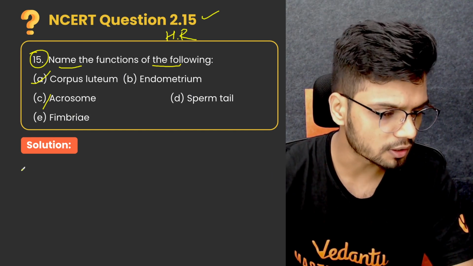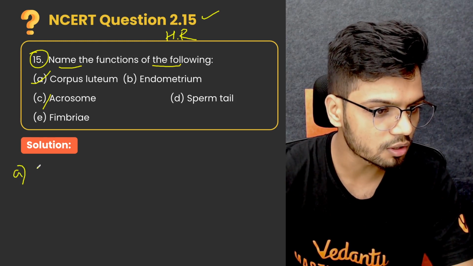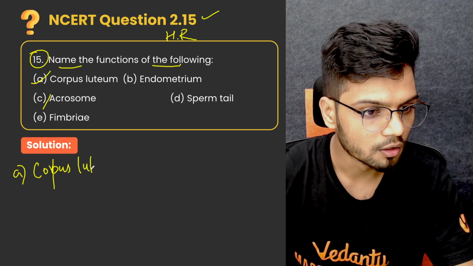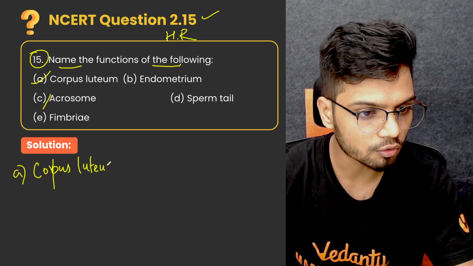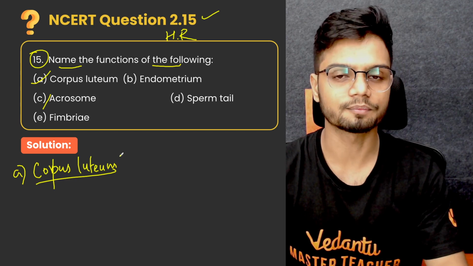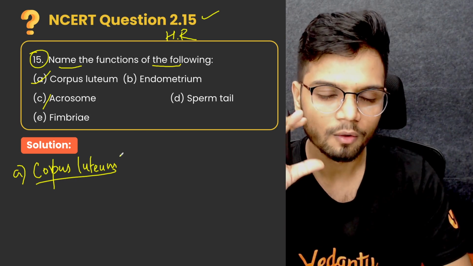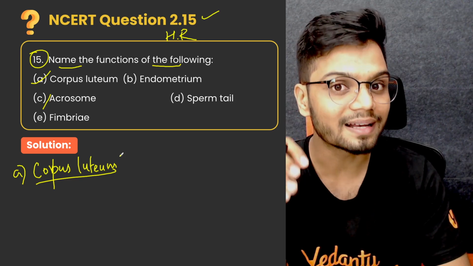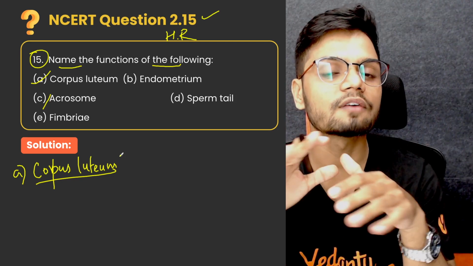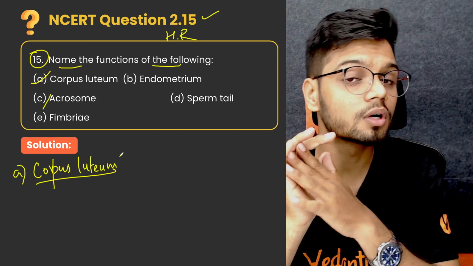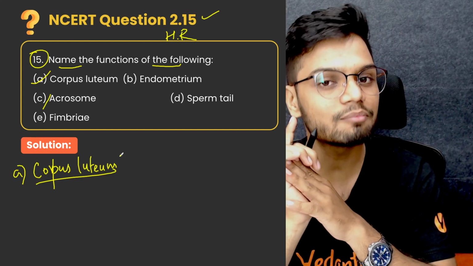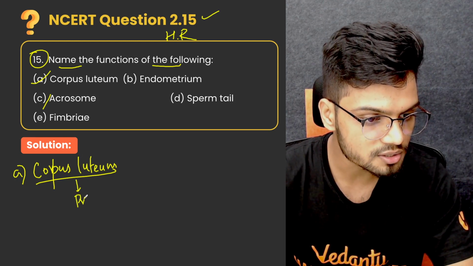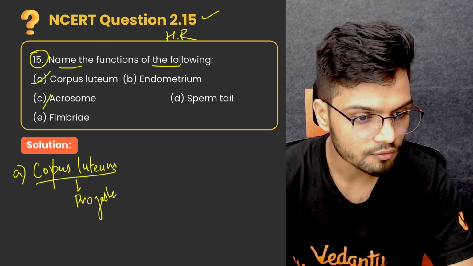Now let's look at the corpus luteum first. Let's go one by one. To understand the function, you need to know where corpus luteum comes from. When the Graafian follicle ruptures open, it releases the ovum. The leftover of the Graafian follicle gets converted to corpus luteum, and it is the same corpus luteum which produces a hormone known as progesterone.